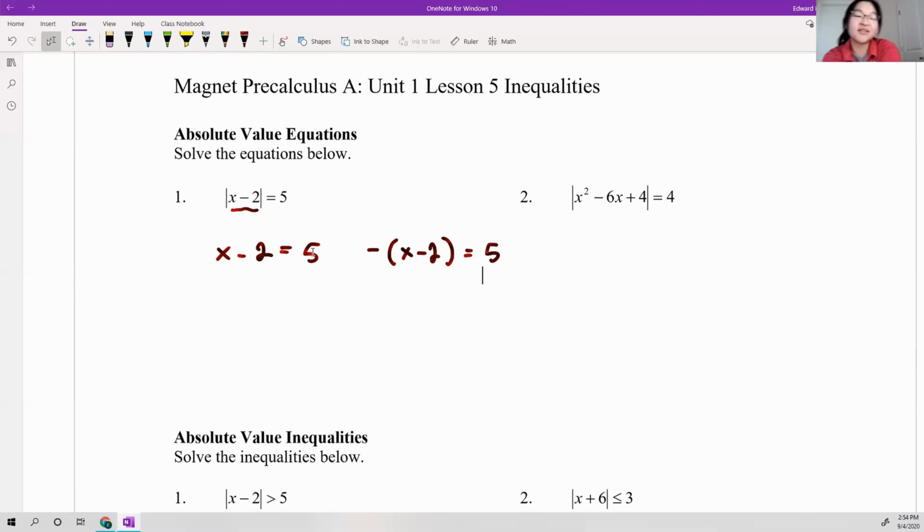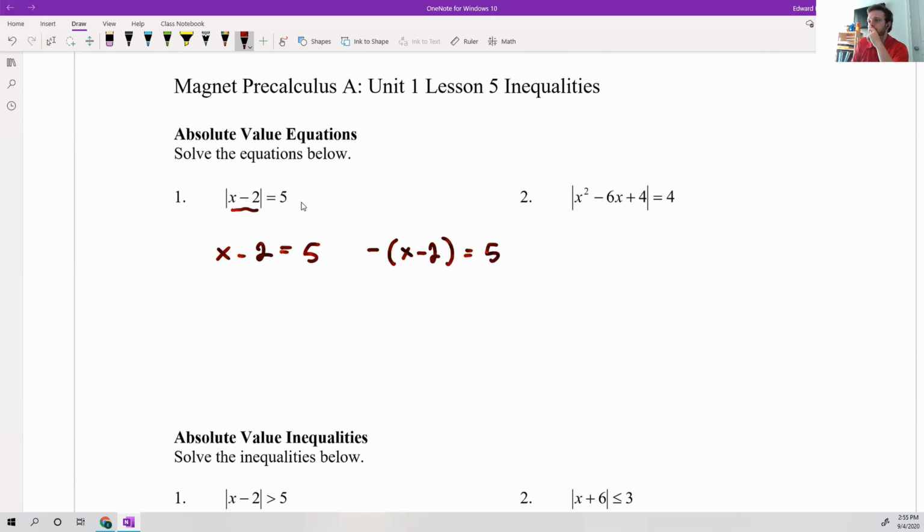Well, so we have x minus 2 equals 5. That's pretty clear, right? That's like 7. That's not too bad. But then when we have negative quantity x minus 2 equal to 5, that is technically the same as saying x minus 2 equals -5, if you just divide out by -1. But this just seems like a more elegant way of talking about it. It is kind of personal preference, I think.